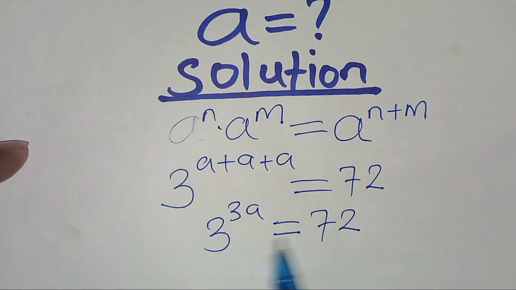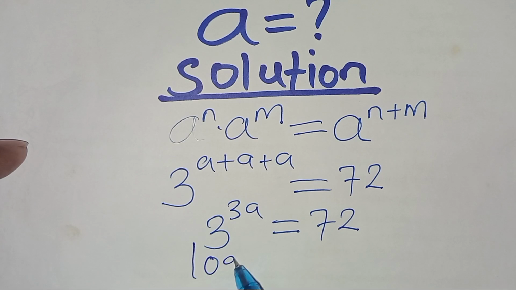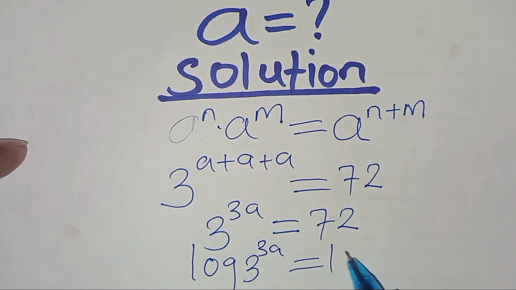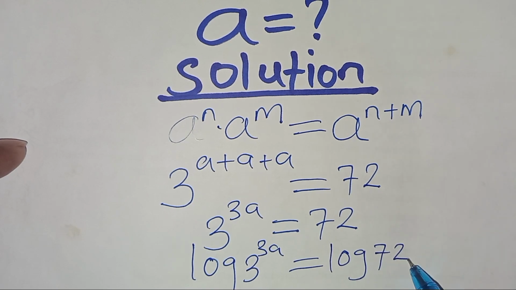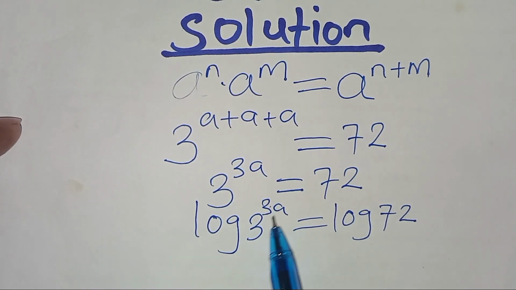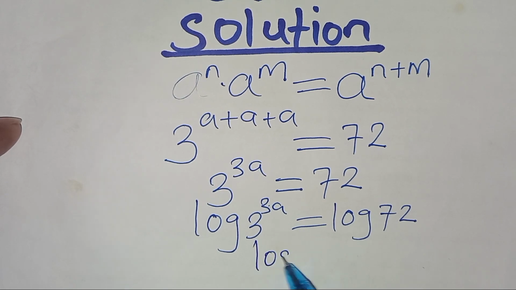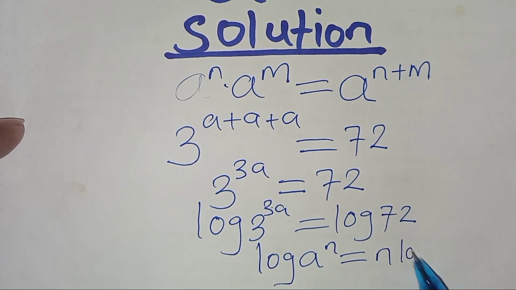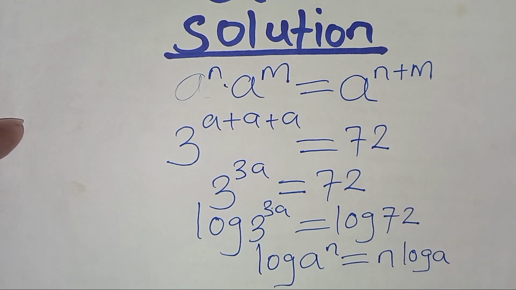Now, to solve for the value of a, we introduce natural logarithm on both sides, so that we'll have log 3 to power 3a equals log 72. Now, log 3 to power 3a is in the form of log a to power n, which we can express as n log a.